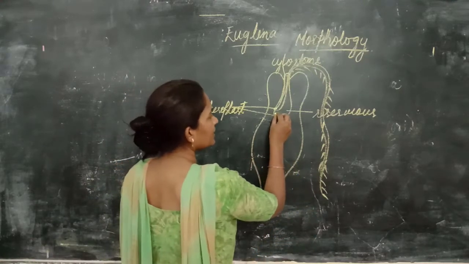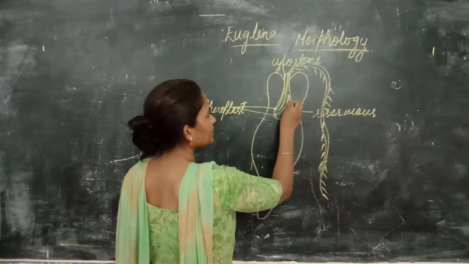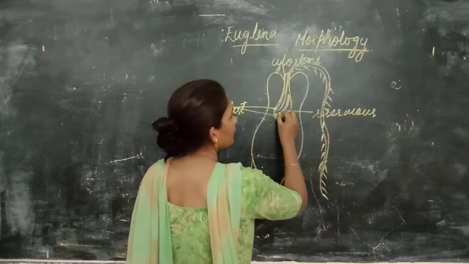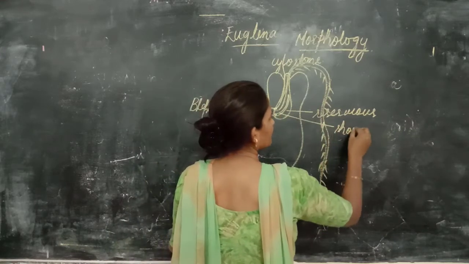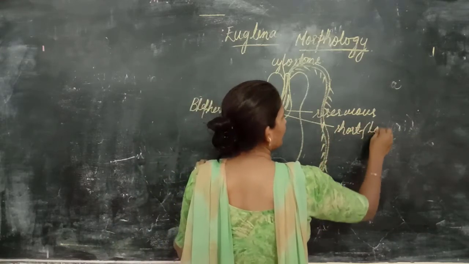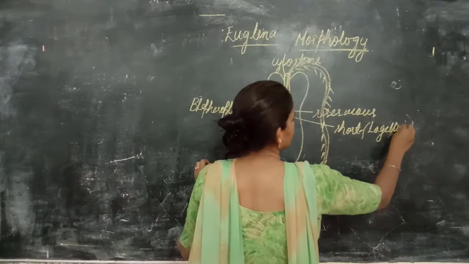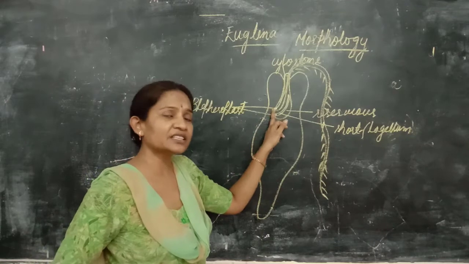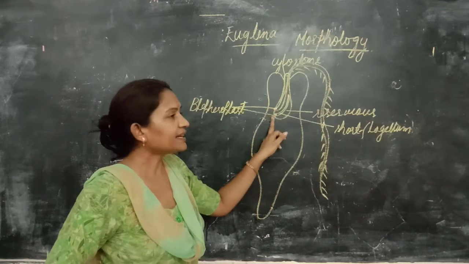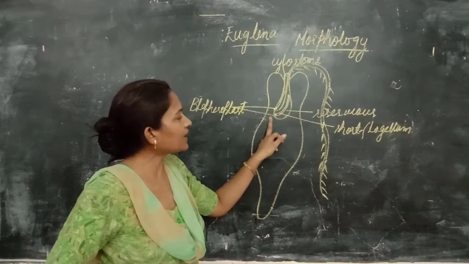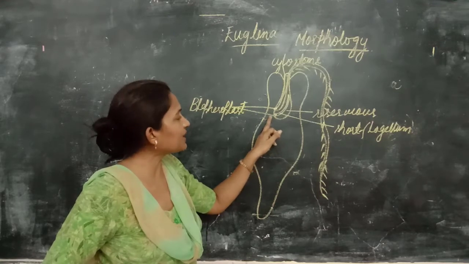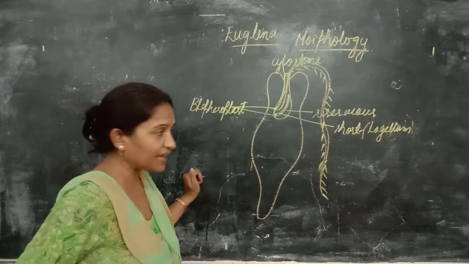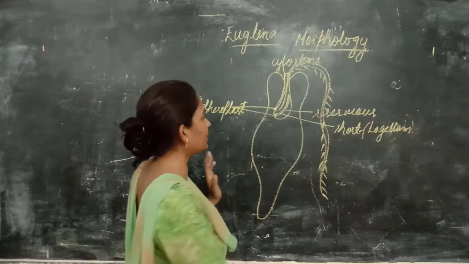And another one is the shorter flagellum, which always remains in the reservoir. It helps in the kinetoplasmic division of the animal by the process of binary fission, meaning asexual reproduction.